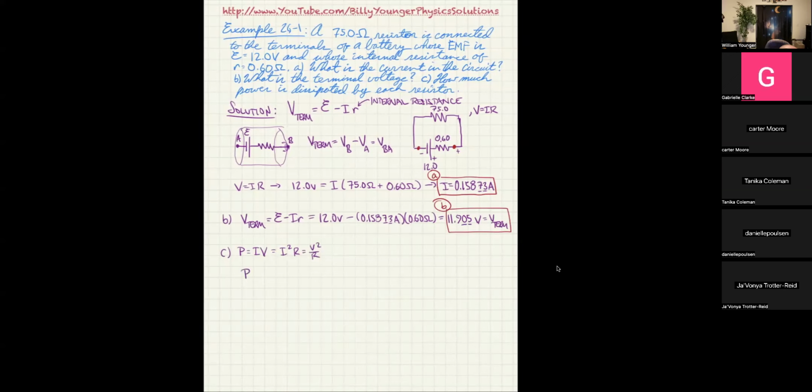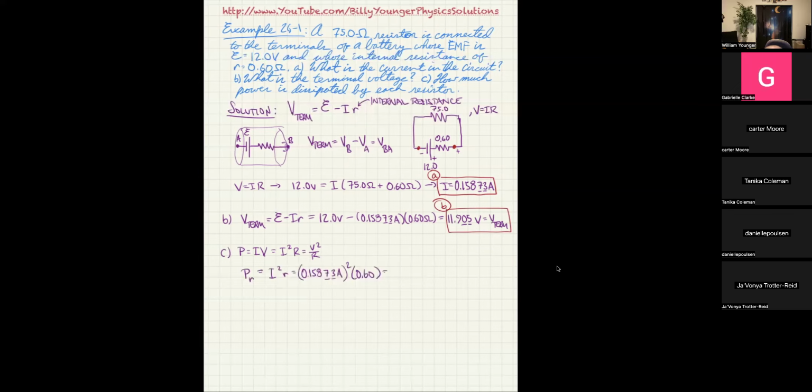So I'm going to do that. So the power in the internal resistance will be called P sub little r, and it's going to be I squared times little r, which is going to be 0.158. Don't forget the 2 extra sig fig or non-sig figs, 7.3. That's going to be squared, and then I'm going to multiply that by 0.60, which is going to make, of course, whatever this result turns out to be, it only have 2 sig figs.